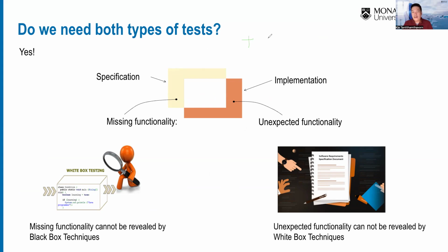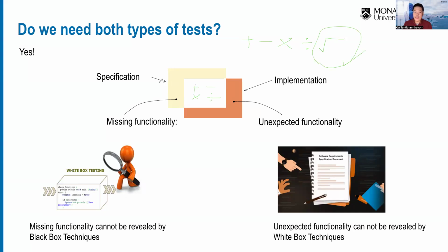Let's say based on the requirement, you implement plus, minus, multiplication, division, and then the last one is the square root, all right? So when you implement plus, minus, multiplication and the division, if you do the black box software testing, you already know that there are 5 features here.